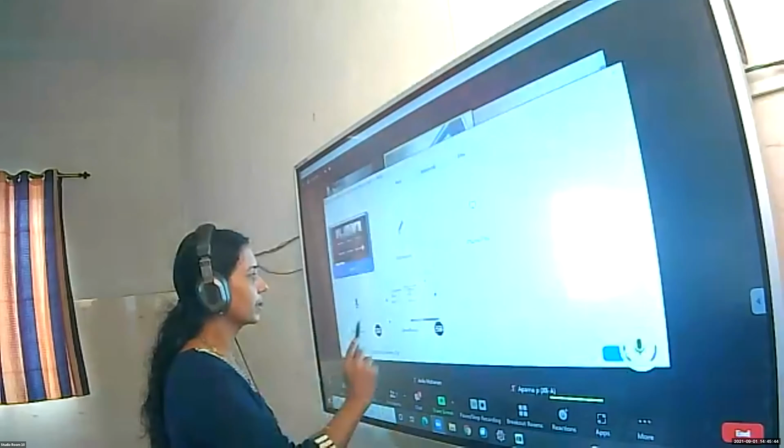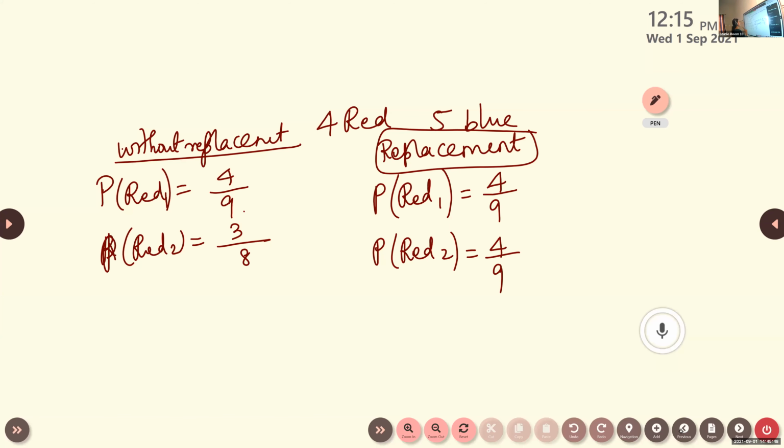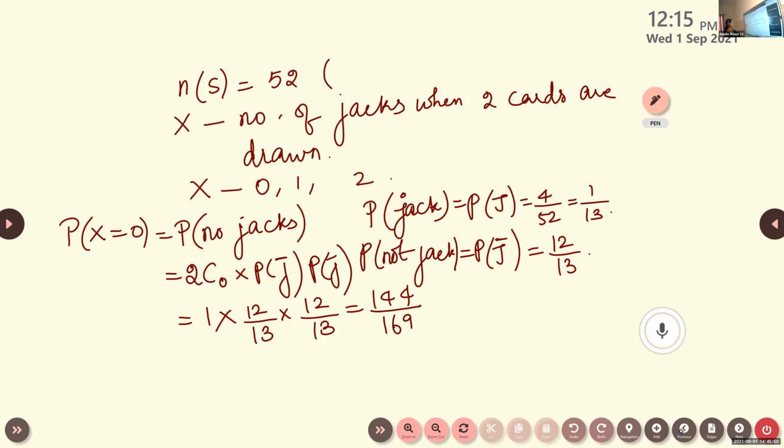Now look here, the previous question. We take 2 cards, the number of jacks. Usually the probability of getting a jack is 4 by 52 and the probability of getting a non-jack is 12 by 13. Here we select 2 cards. When we select the first card, it is 12 by 13.